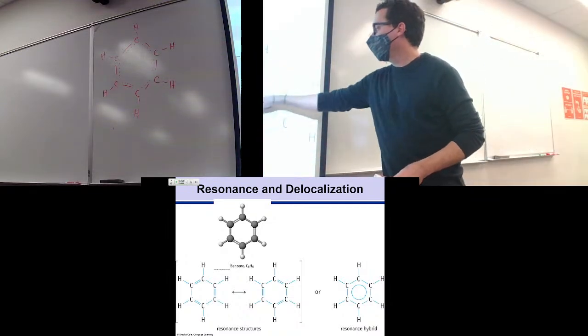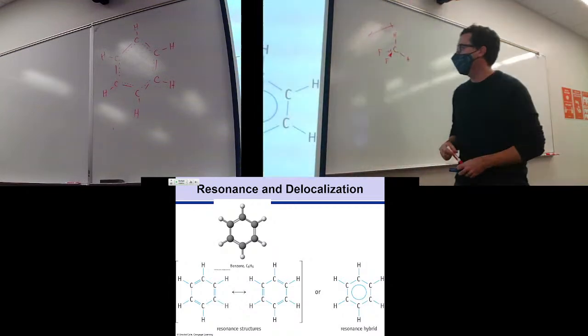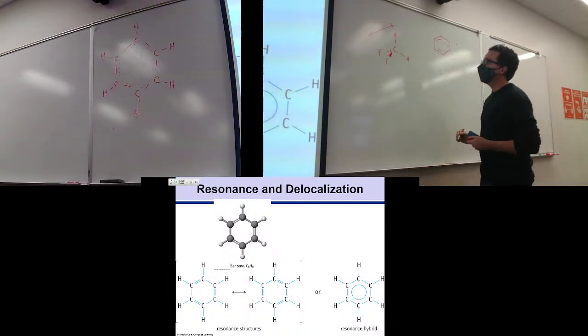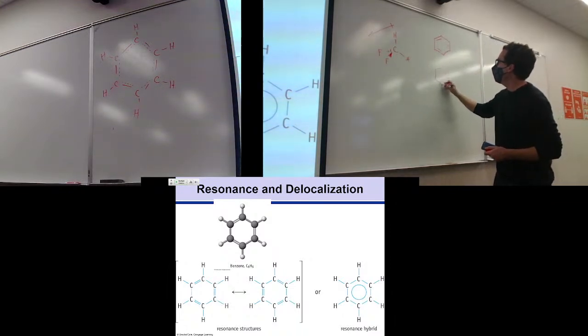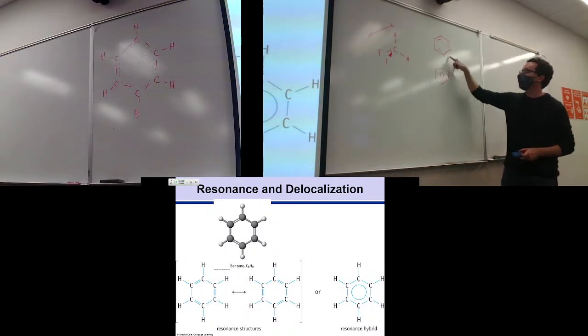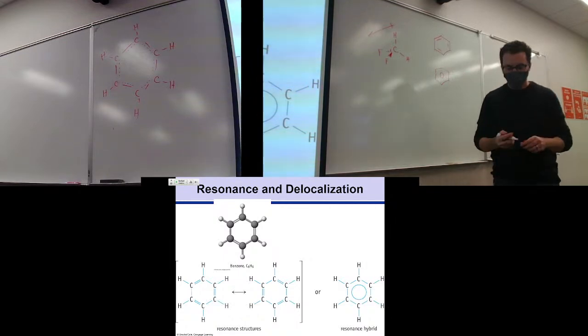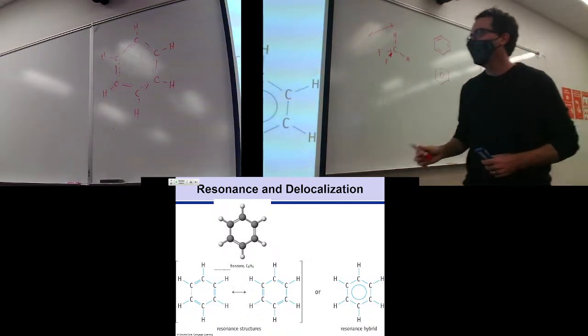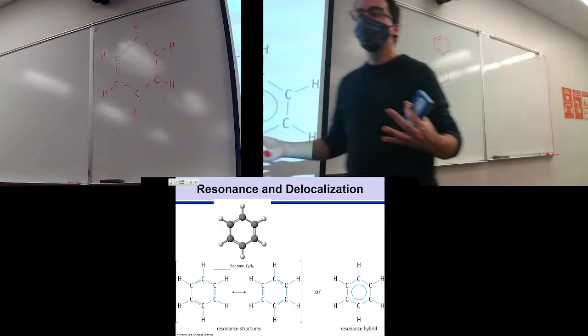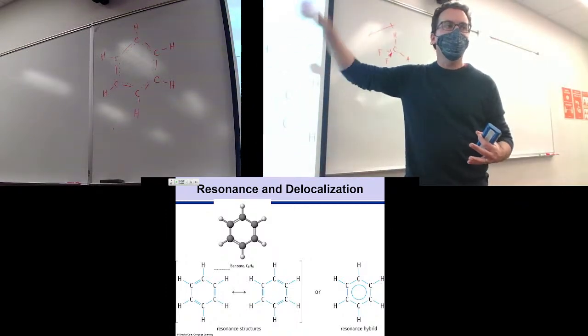Now, this circle is actually a very common way to see benzene. In fact, when you draw benzene, while yes, you do see benzene drawn this way a lot, you also see benzene drawn with a circle in the middle instead. These are the same. And the reason for that is because these electrons that make up the second bond in each double bond, so there's 2 here, there's 2 here, there's 2 here, 6 electrons are actually moving around the ring anywhere.